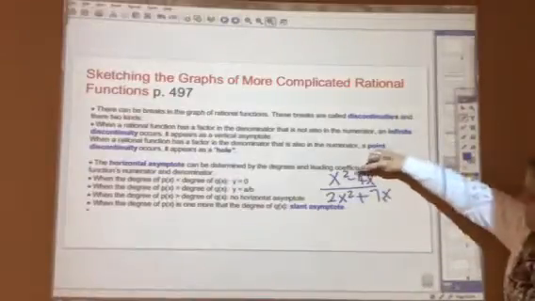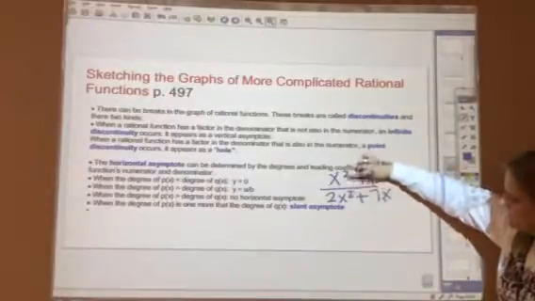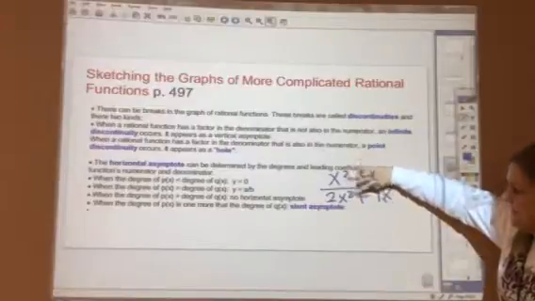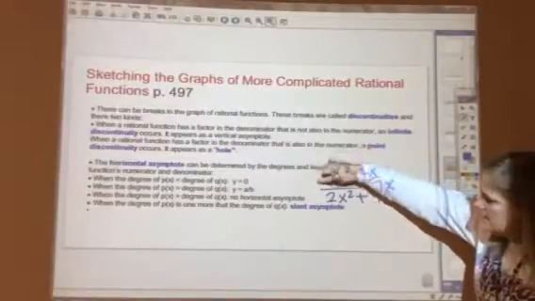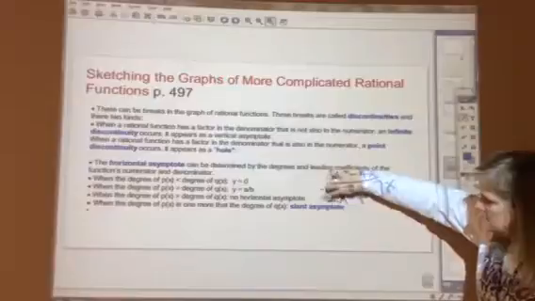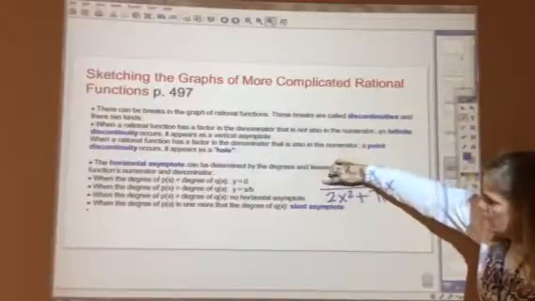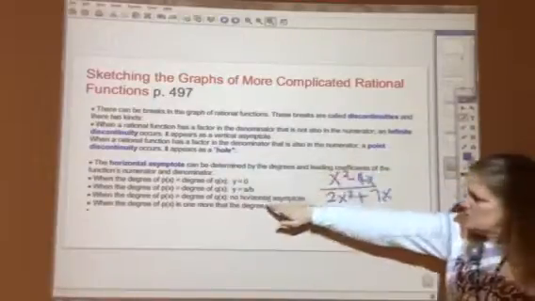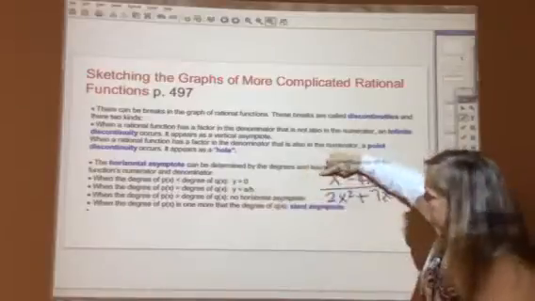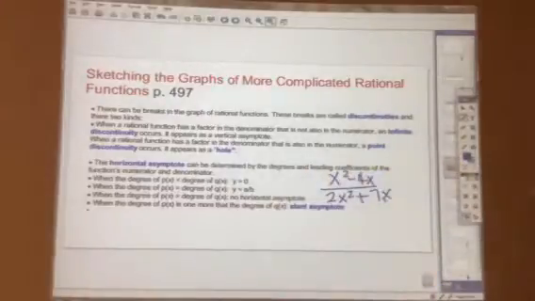When your exponents, the degrees are the same, then you go by the numbers out front. So this would be a 1 over 2, which it says a divided by b, 1 divided by 2. So your horizontal asymptote would be y equals 1/2.